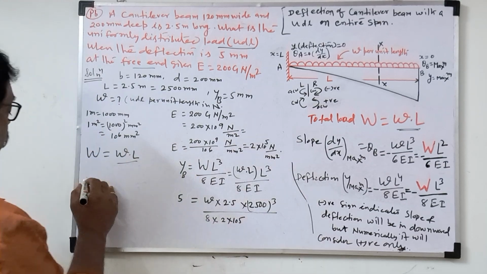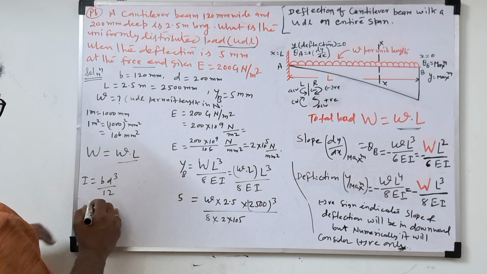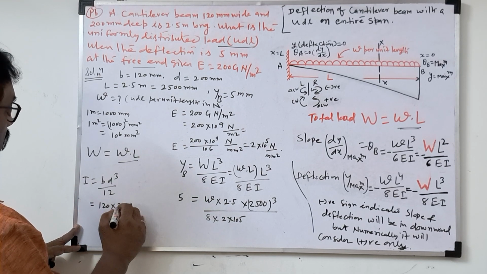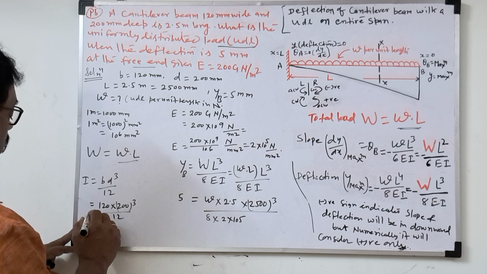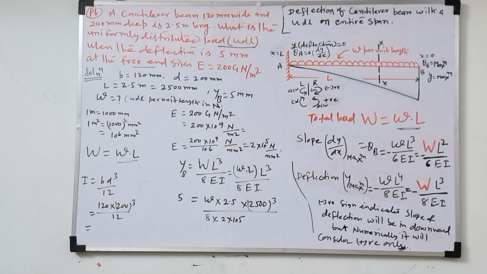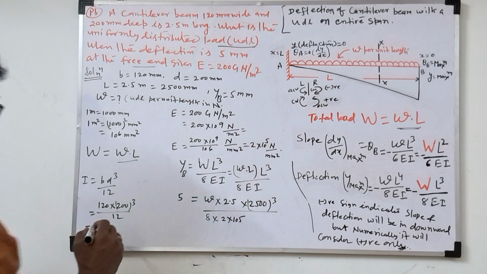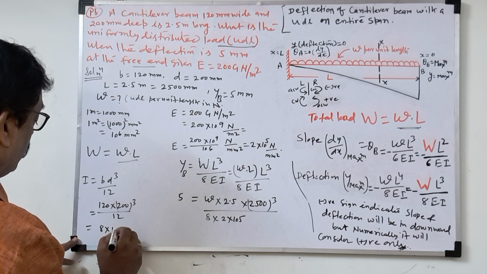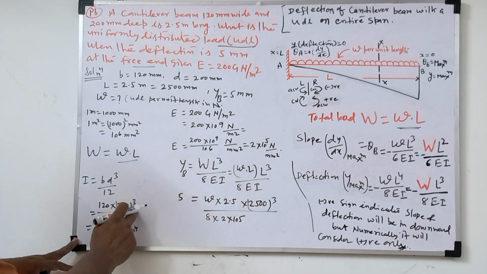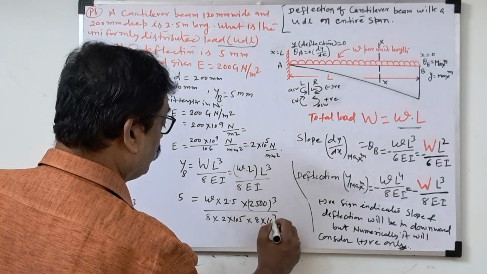Then I we have to calculate. I is nothing but B D cube by 12, so 120 into 200 power 3 by 12. Solving, we already calculated, I will be 8 into 10 power 7 mm power 4, because D cube is mm cube, so mm power 4.